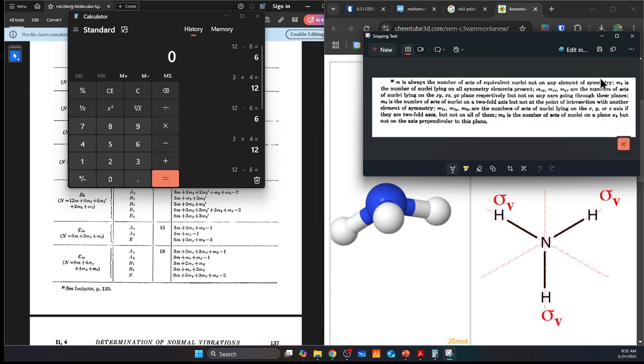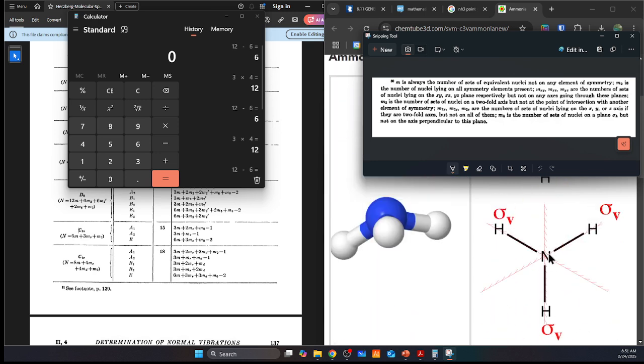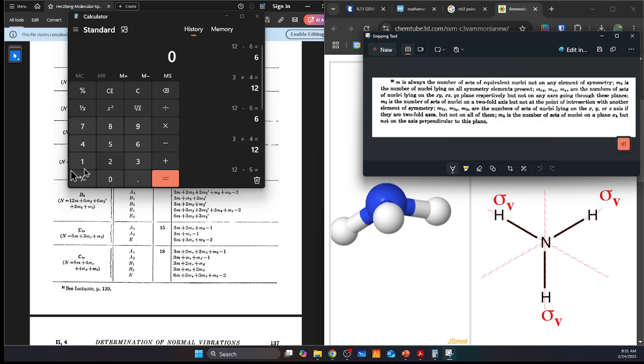Okay, and so M0 is going to be the number of nuclei on all symmetry elements present. Well, we look at nitrogen here, and we see it's on the axis. We see that's also on the planes of symmetry. All 3 of them go through that. And so nitrogen fulfills that condition, and so that is your M0. Again, it's the number of nuclei this time, not sets, but we only have 1 anyway, so it doesn't matter.